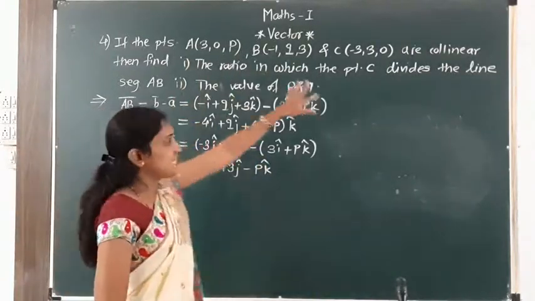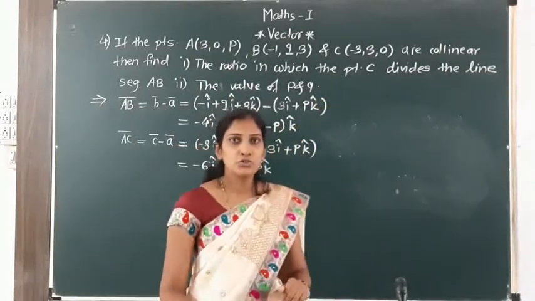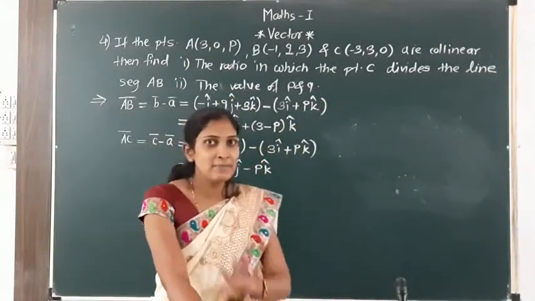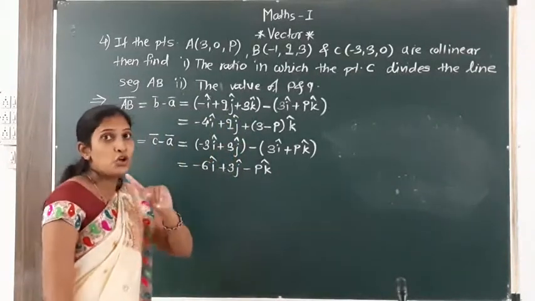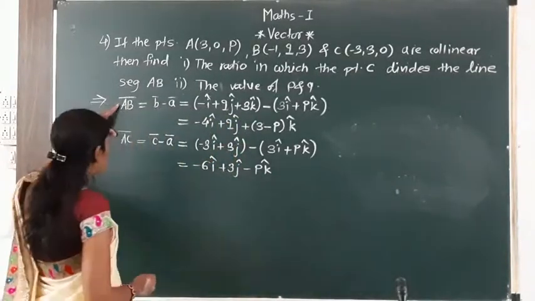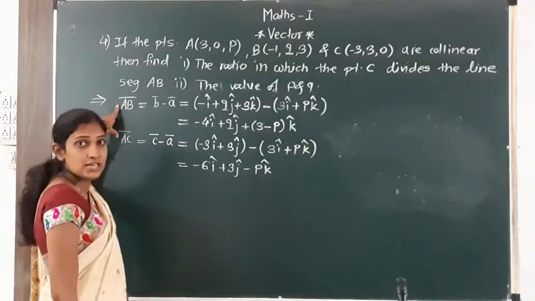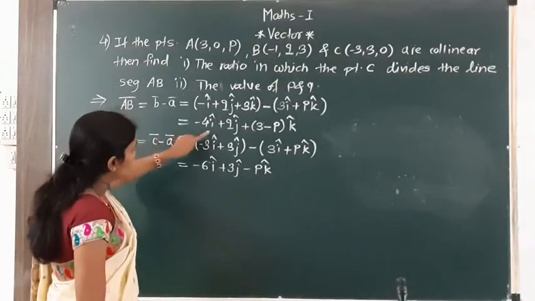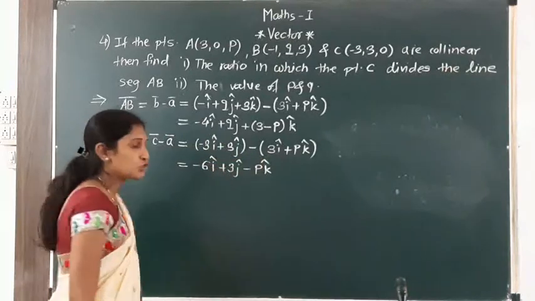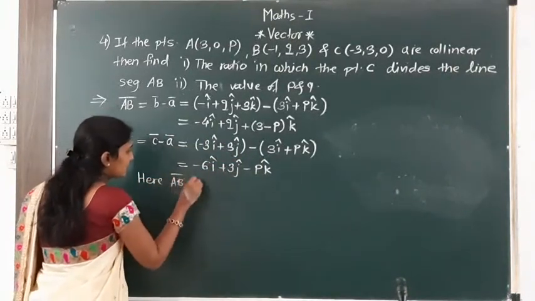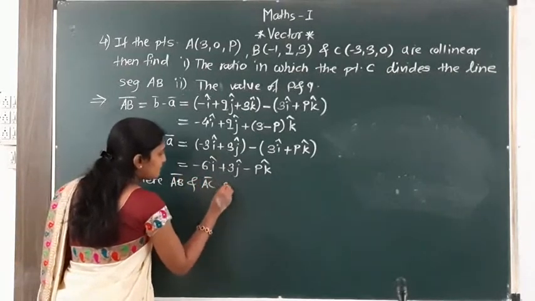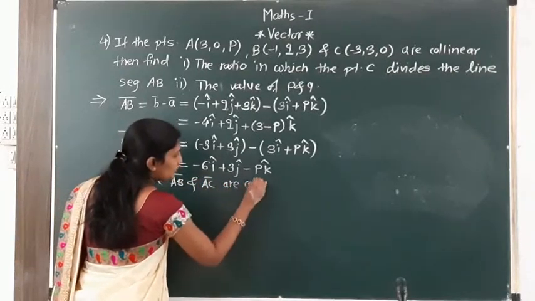Now A, B, C, 3 points are collinear. So AB bar and AC bar are also collinear. If these two vectors are collinear, then their coefficients are in proportion.